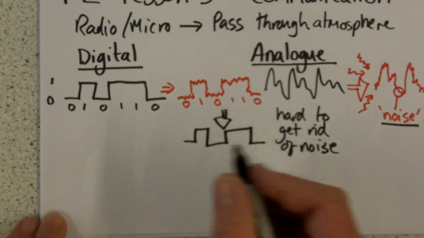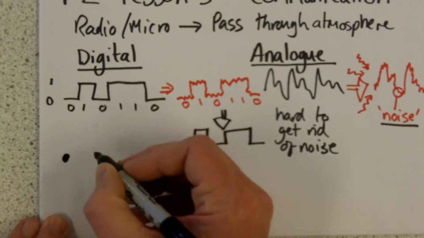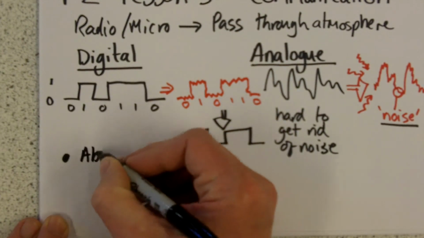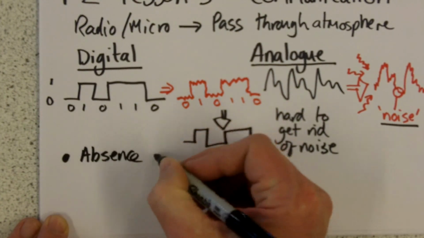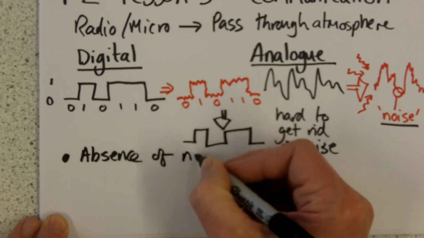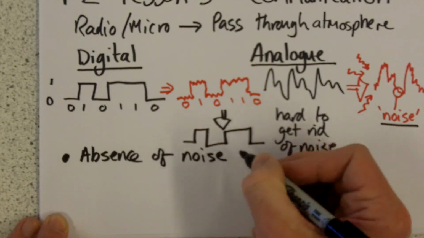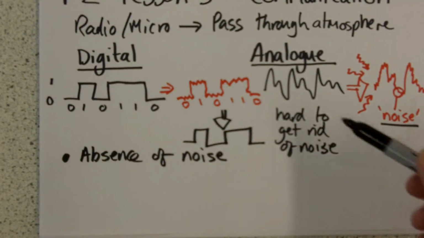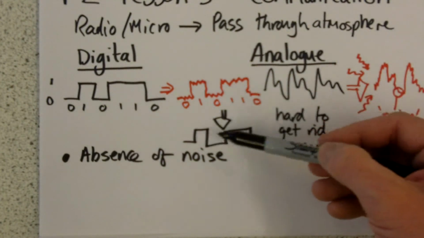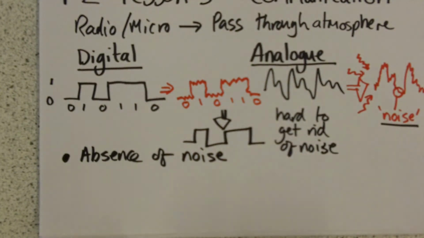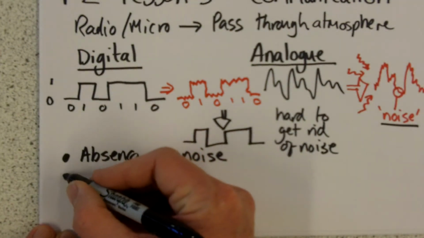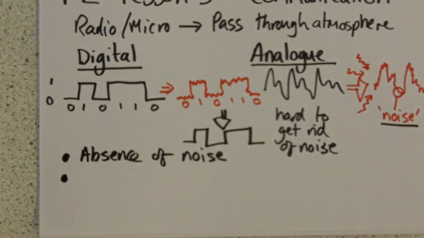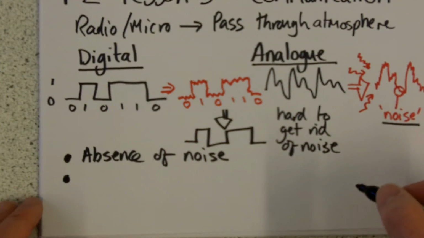So the first advantage of digital is the complete absence of noise. And if you use a mobile phone, it doesn't matter if the person's in the next room or on the other side of the earth, as long as you have a good signal where the noise isn't too much, the noise can be completely removed and the sound is perfectly clear. The other advantage of digital communications is in terms of size.